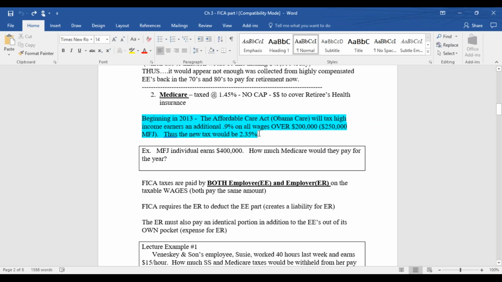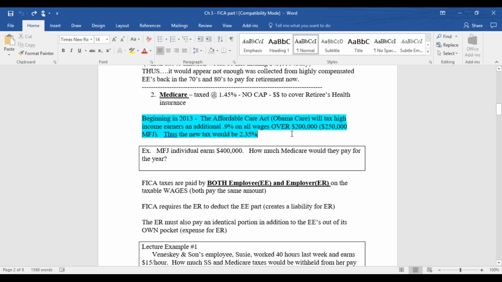Now, beginning with Obamacare, or the Affordable Care Act, in 2013, people are taxed an additional rate on top of the 1.45. They're taxed an additional 0.9 if they go over 200,000 if they are single, or 250,000 married filing joint.